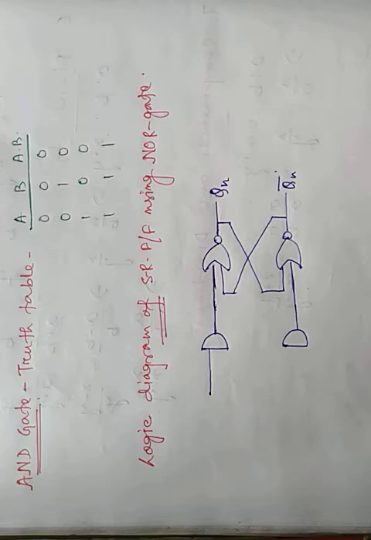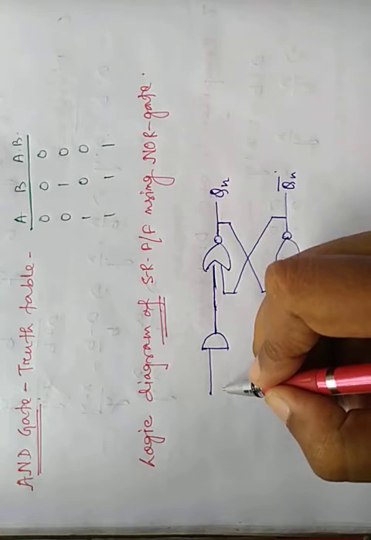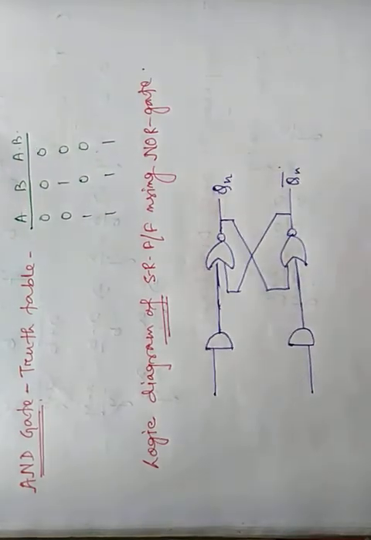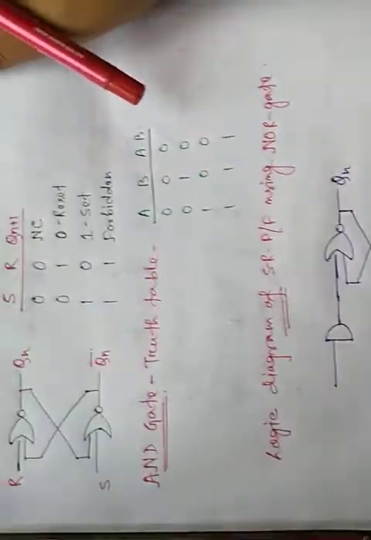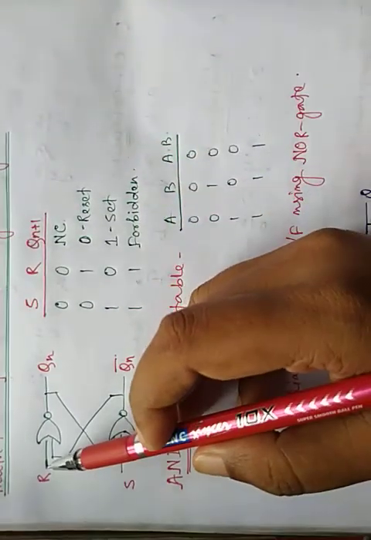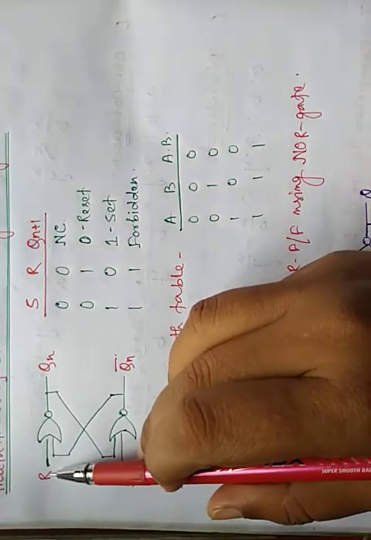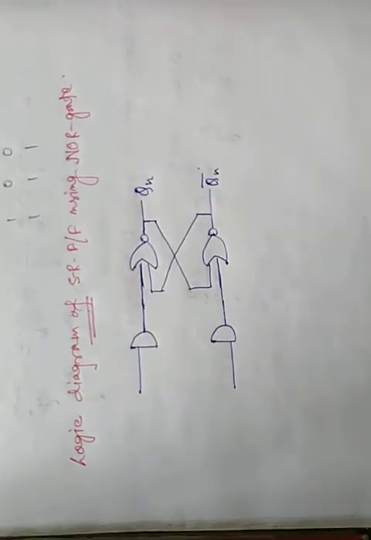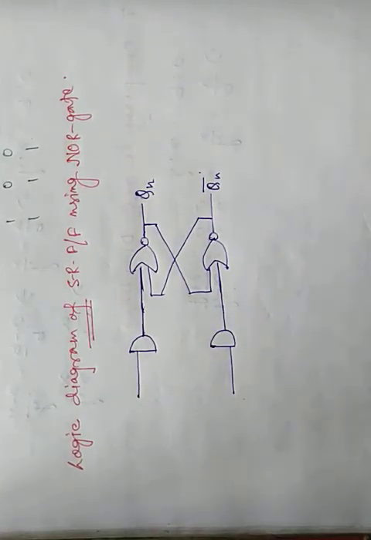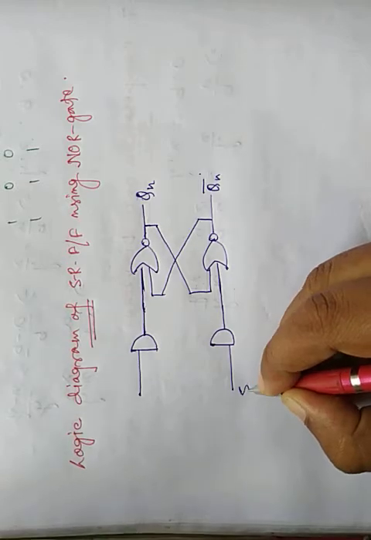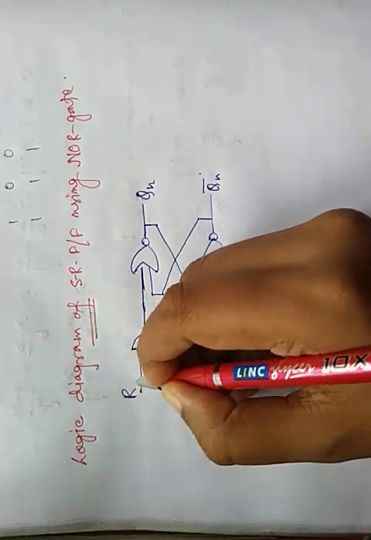Obviously there are minimum two inputs for each AND gate. We know that the inputs of the SR latch are at the bottom gate the S signal and at the upper gate the R signal. Here also at the bottom gate we take the S signal and at the upper gate we take the R signal.